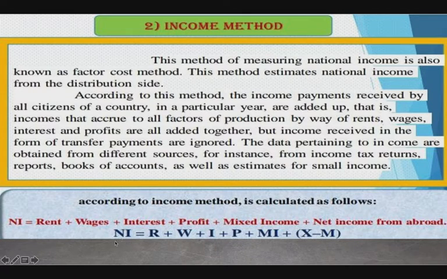All these factor remunerations when added up in an economy give us the national income. But simultaneously the transfer payments are ignored in this national income.